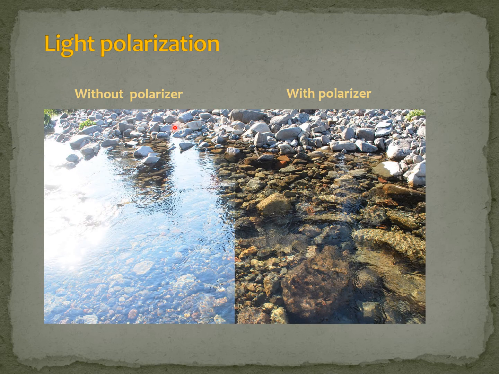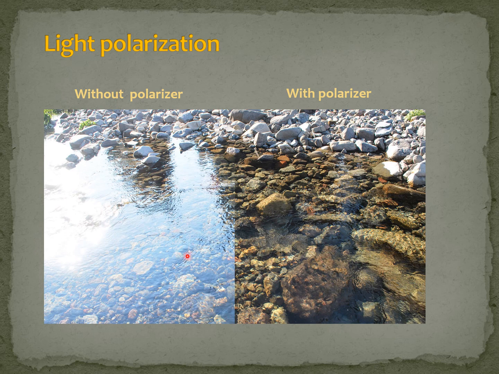In fact, it is. So we have here an image taken on a pool, and the same image taken without polarizer and with polarizer is completely different, in the sense that the degree of detail we can get with the polarizer is much higher than without polarizer.